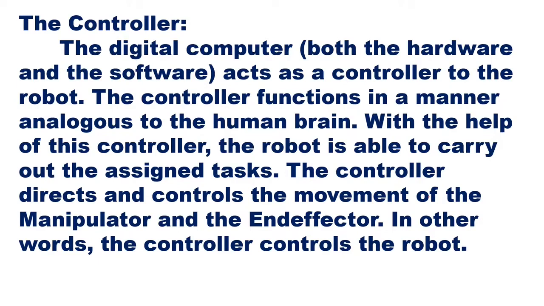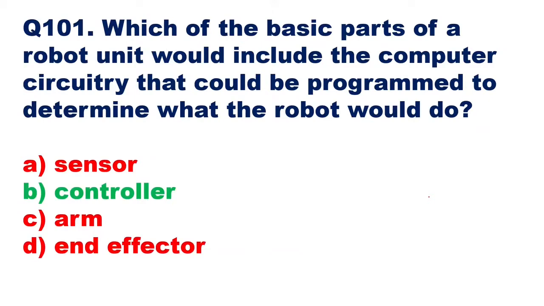With the help of a controller, the robot is able to carry out the assigned tasks. A controller directs and controls the movement of the manipulator and the end effector. In other words, a controller controls the robot. So option B, a controller, is the right answer here.